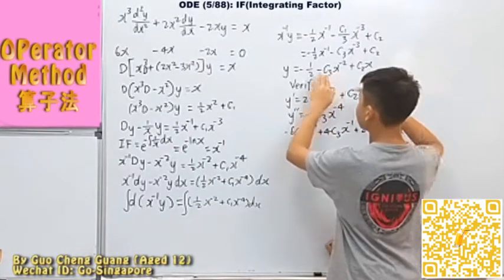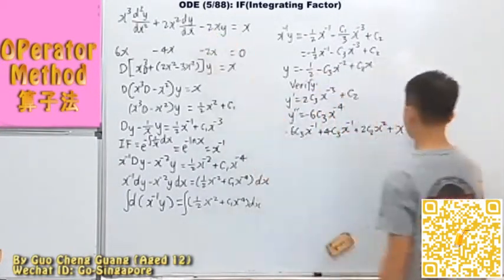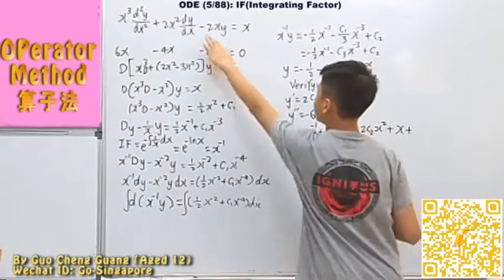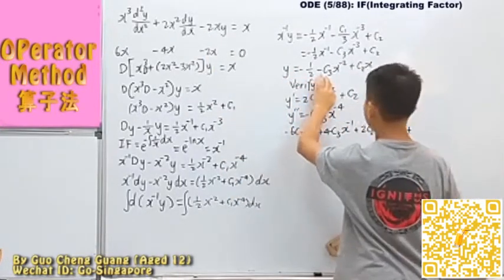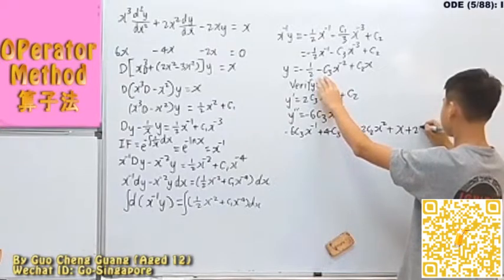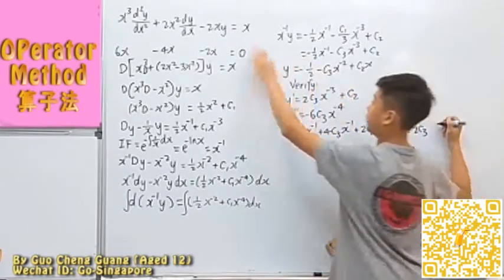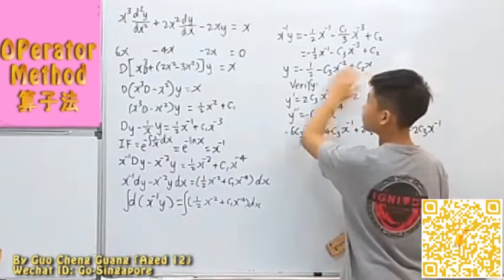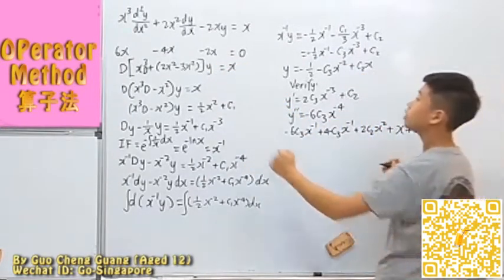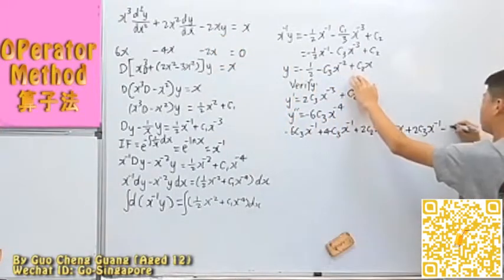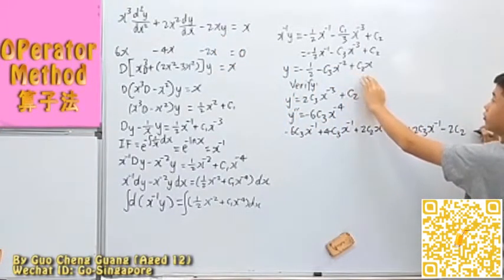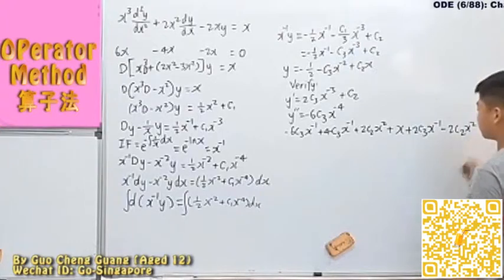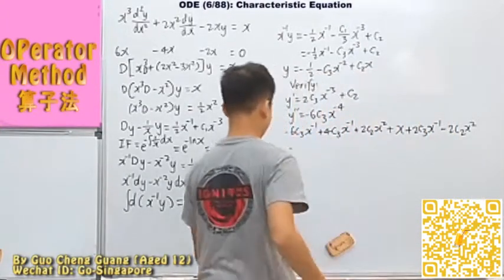Then after that, negative, again it's positive, 2c3, then x to the power of negative 1. Then after here, subtract already. Subtract 2c2 x squared.